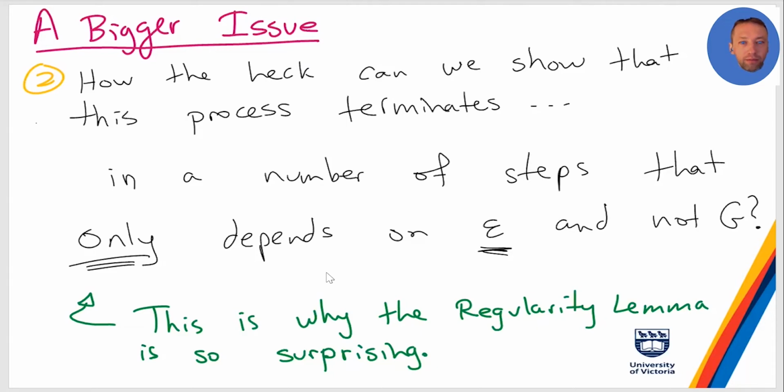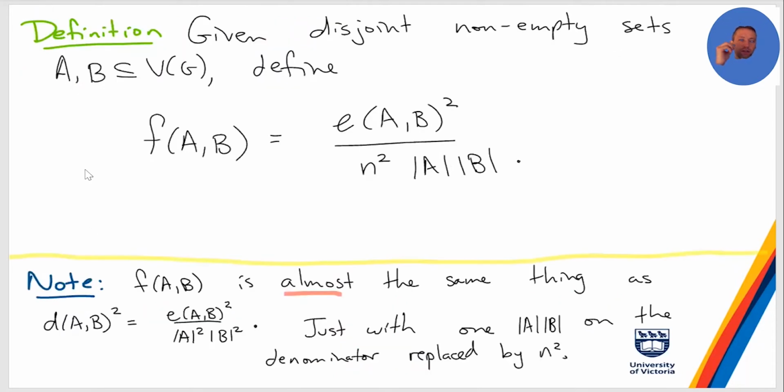Okay. So maybe I'll just give some definitions and talk about them a little bit, and then we'll use these definitions more next time. Essentially, if you want to show that this algorithm terminates, we're going to define a function which, in some weird way, measures how good our partition is, although the way it measures it is almost indirect.